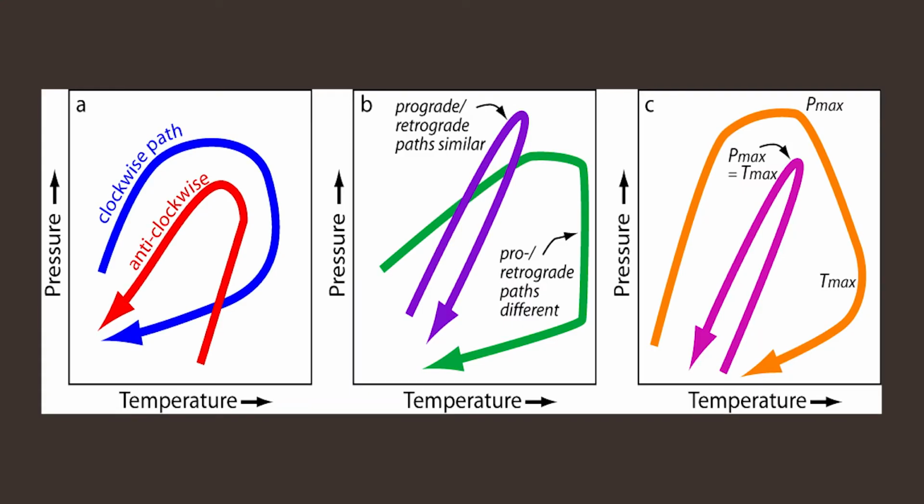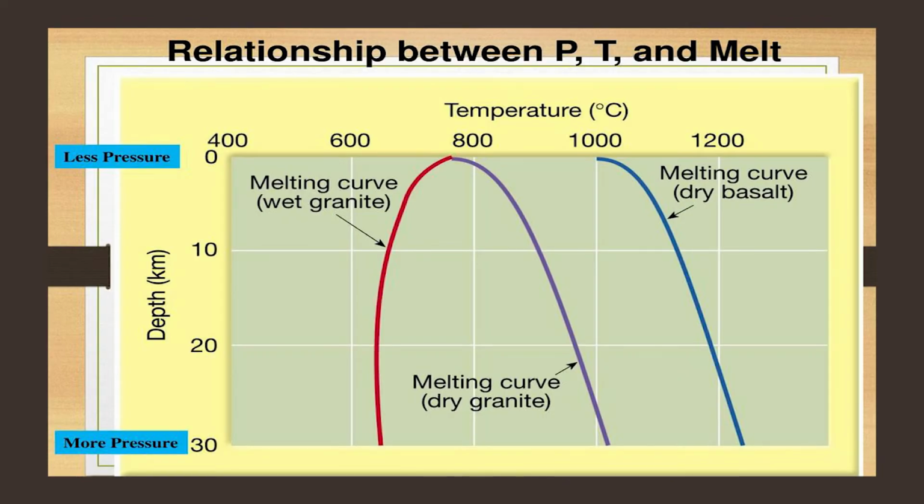The figure is a pressure temperature diagram depicting the range of conditions that are typically observed in metamorphism, the crustal environments where these pressure temperature conditions are likely to be realized, as well as melting curves for dry and wet granite and basalt.